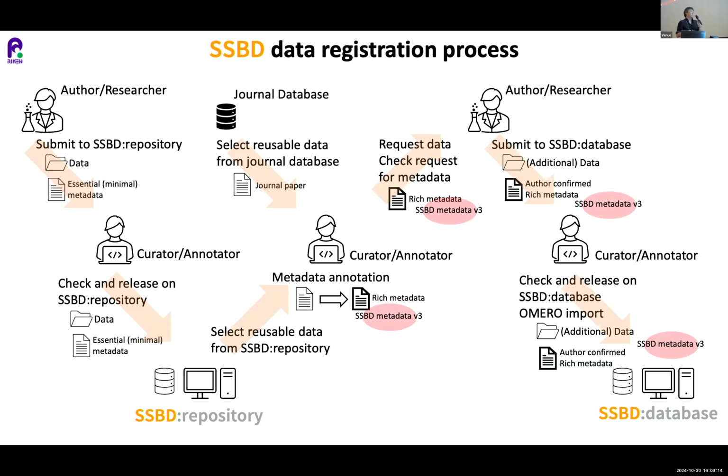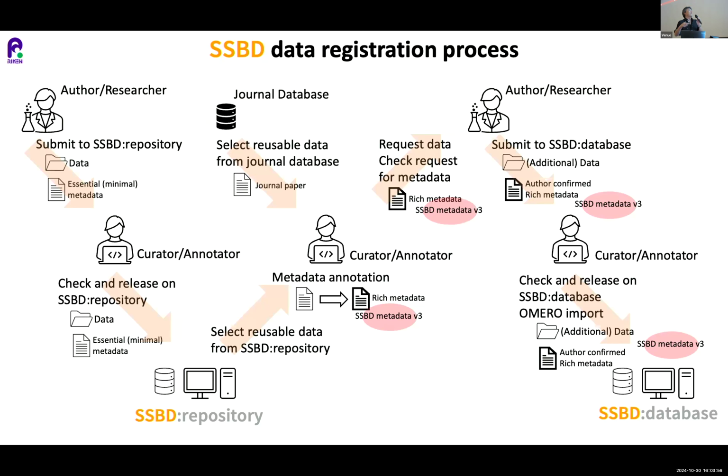For the database service, we basically have two different sources. One source is the repository, where our curators select the highly reusable data from the repository. Also, our curators look into the journal publication database and find journal papers that contain rich image data and are good for wide sharing and reuse.